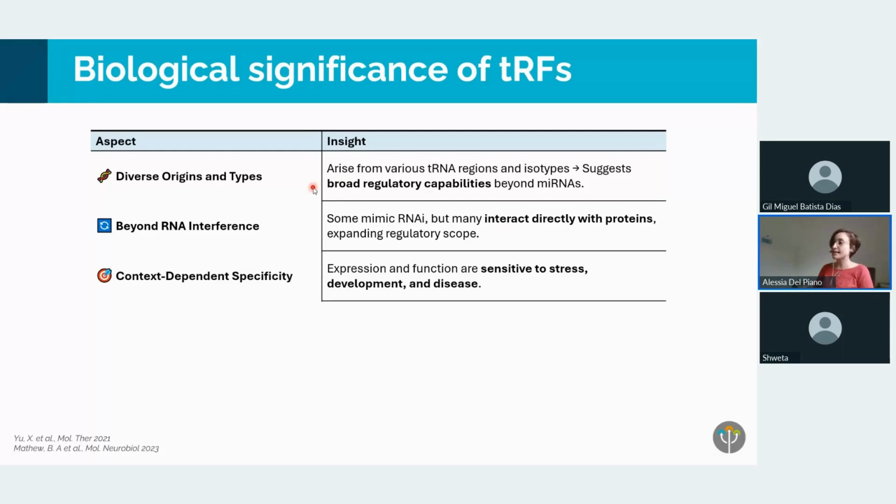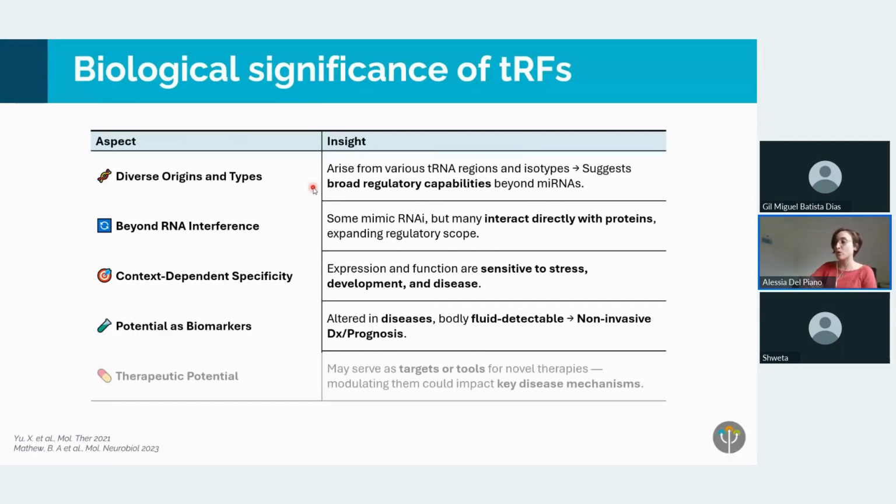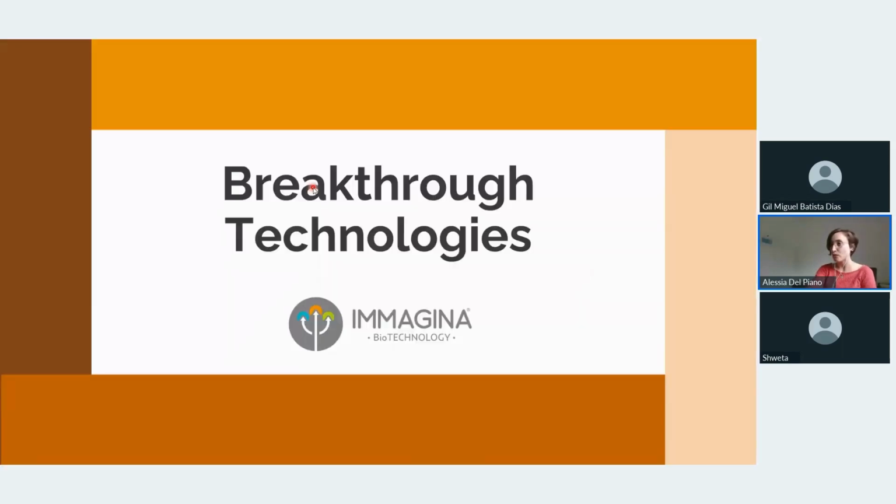Their expression is sensitive to stress, development, and disease, and that's why, together with the fact that they can be easily found in body fluids, we can use them as a potential biomarker or also as a therapeutic tool.